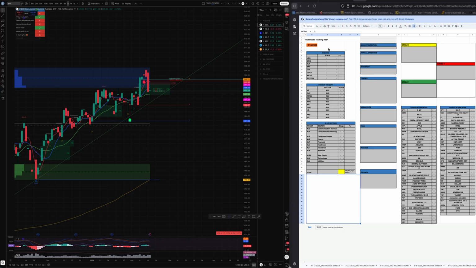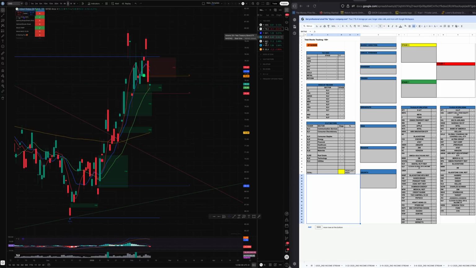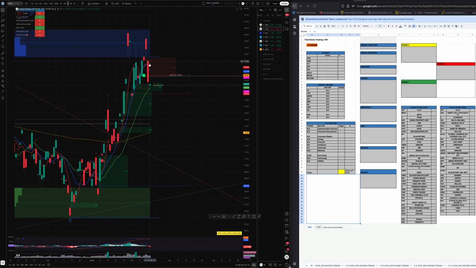So let's get started. This is what we're looking at right now. Oil is still in stage two, above the 20-day moving average. Stage one is pretty much consolidation.